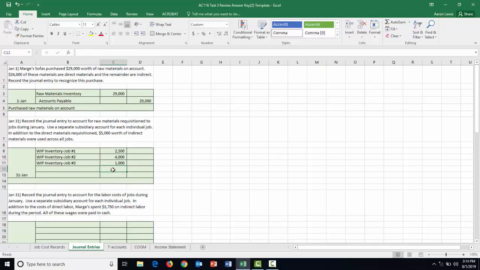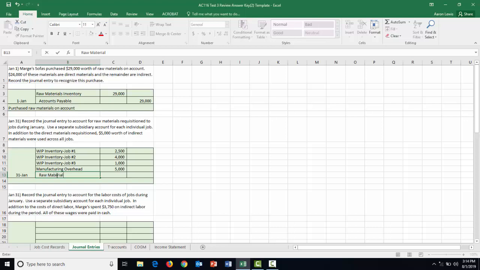The last thing we have to account for is our $5,000 worth of indirect materials. Anytime it says indirect, it's always going to go into the same account, which is our manufacturing overhead account. So now, where did all this material that got requisitioned come from? Well, it came from storage, and that is where we store our raw materials.